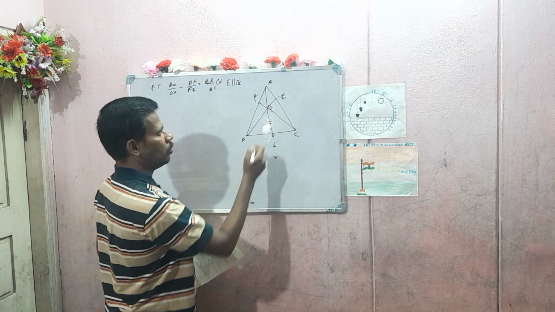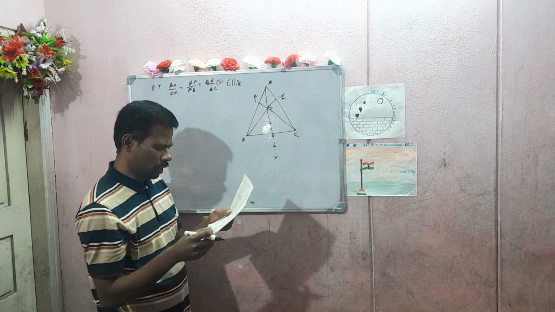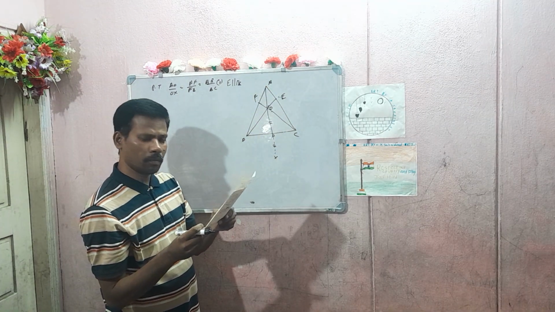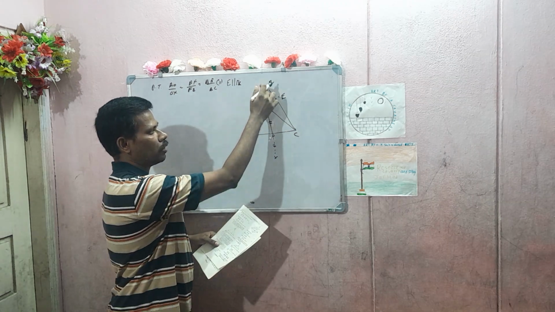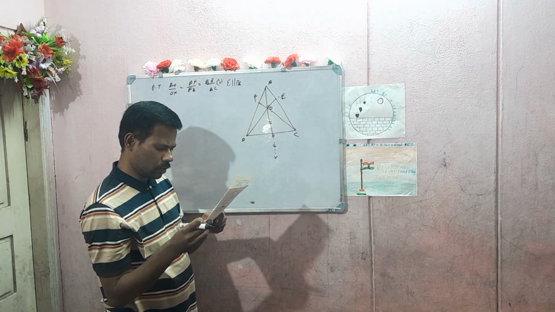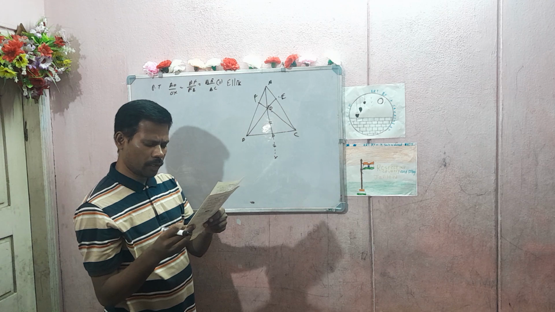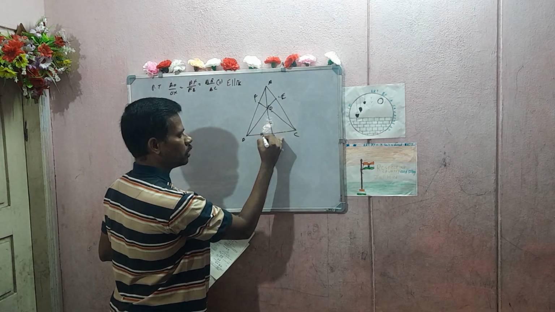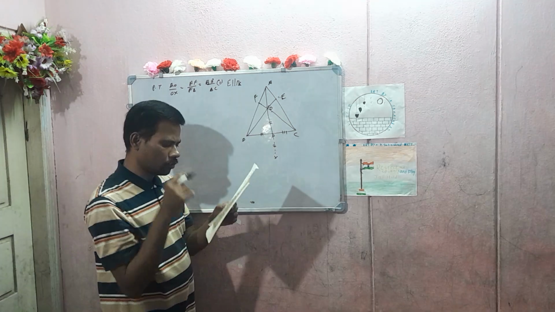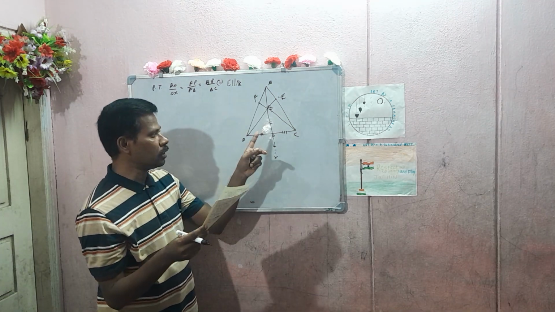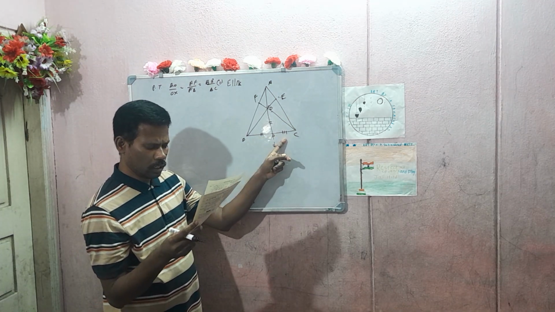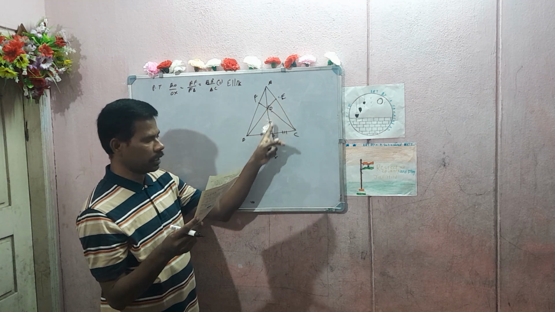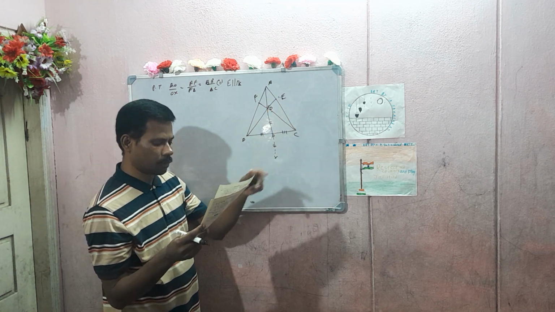So here what is given is triangle ABC, in which O is any point on AD, and side BC of triangle ABC is bisected at D. Bisected at D means this length is equal to this length. D is the midpoint.